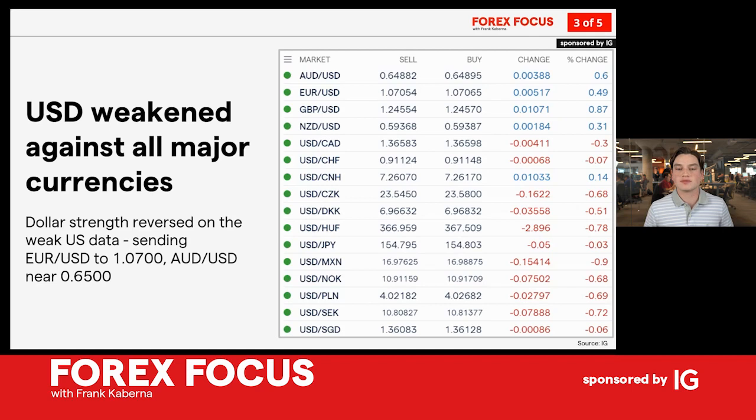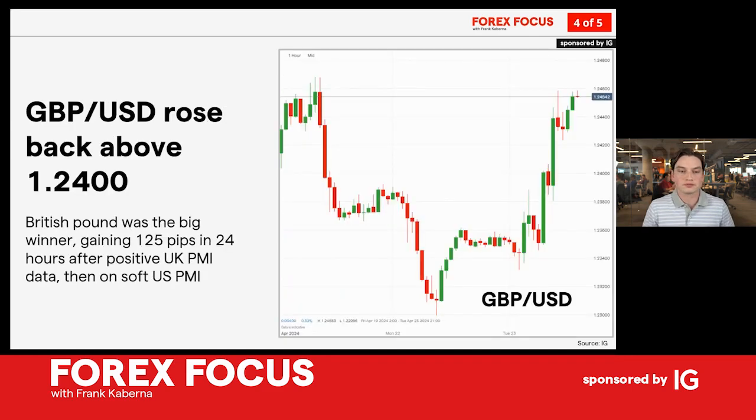But the US has been outperforming, so even the slightest tinge from this mid-tier PMI sending this US dollar backwards, weakening against major pairs. But the big winner today has been this British pound, and for a couple reasons this pair has been really interesting to watch the past few days.